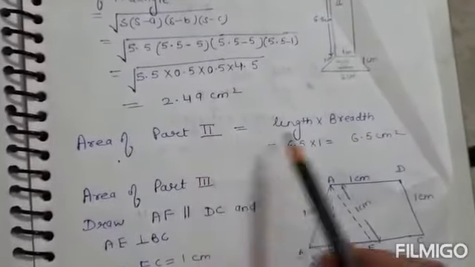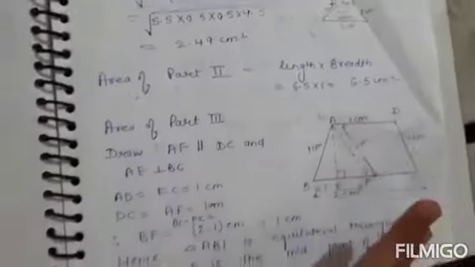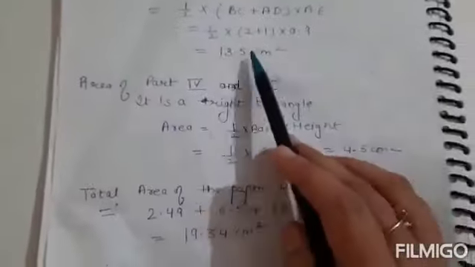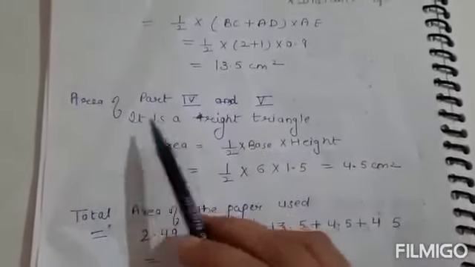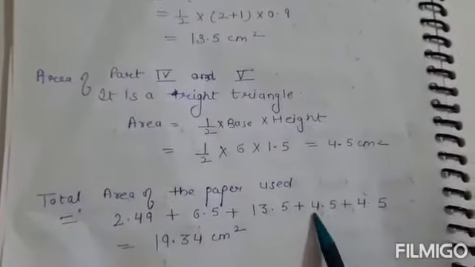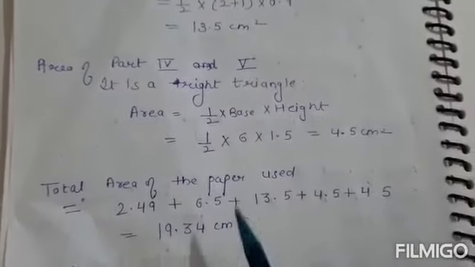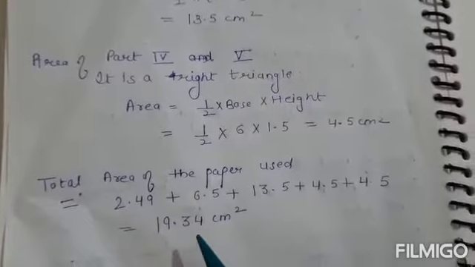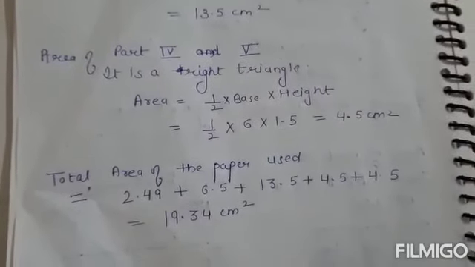It was a rectangle, so its area was 6.5. Part 3 was a trapezium. Its area is 13.5, plus area of part 4. Parts 4 and 5 both have equal area, so this is 4.5 plus 4.5. On adding, the total area of paper used is 19.34 centimeter square.